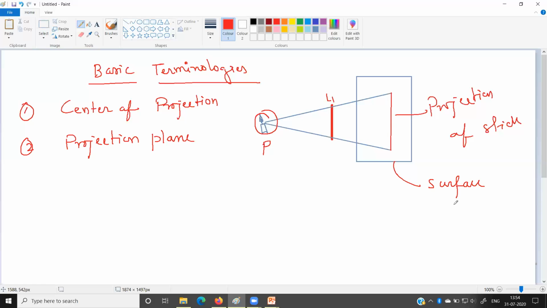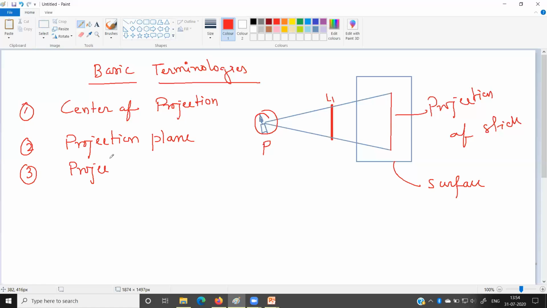So this surface is called the projection plane. The plane on which the projection of the object is formed is called the projection plane. So in this example, this surface is the projection plane.